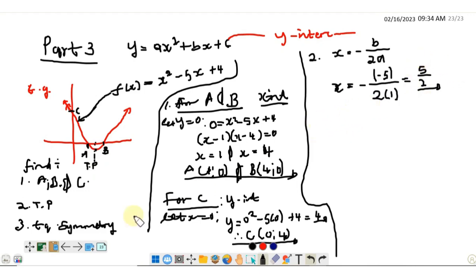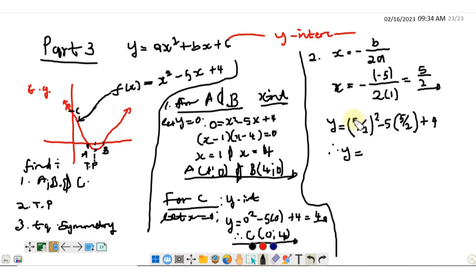Now you take that x value and substitute it in the equation to find the y value. So y equals x squared, (5 over 2) squared, minus 5 times x, which is 5 over 2, plus 4. Therefore, you punch this on your calculator and you get the value of y.